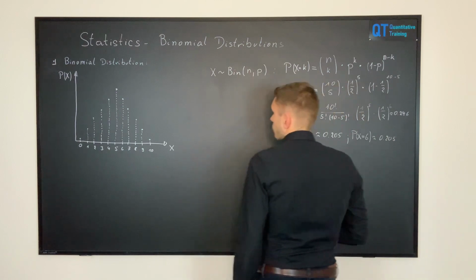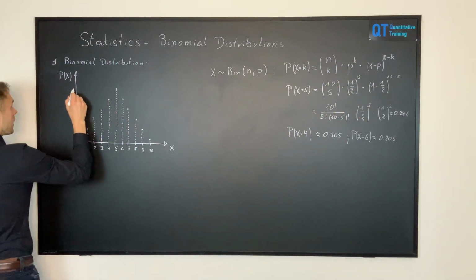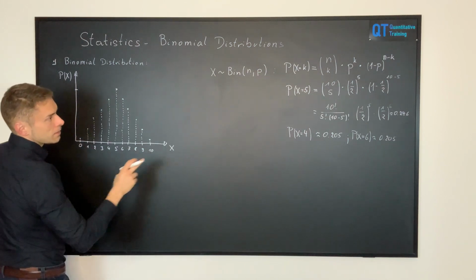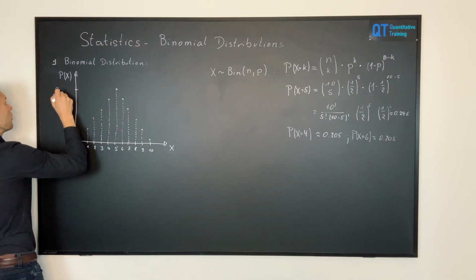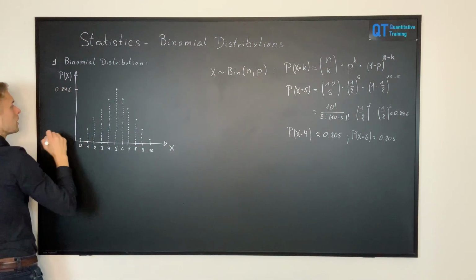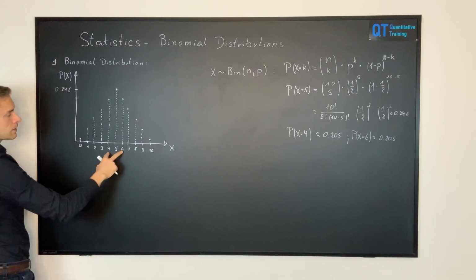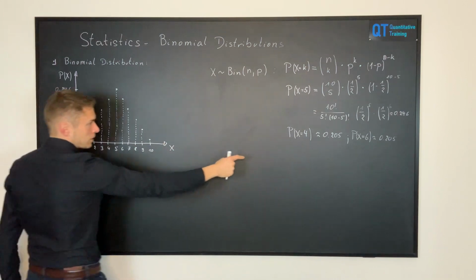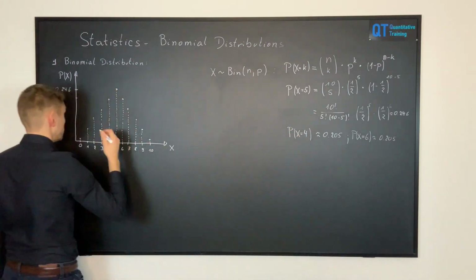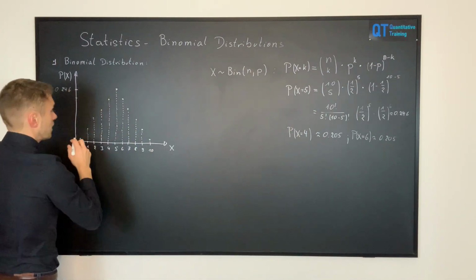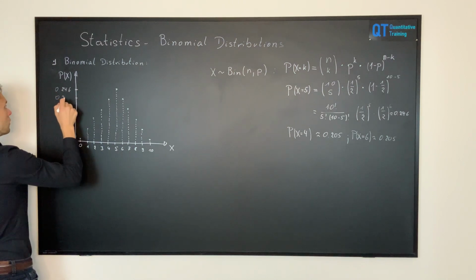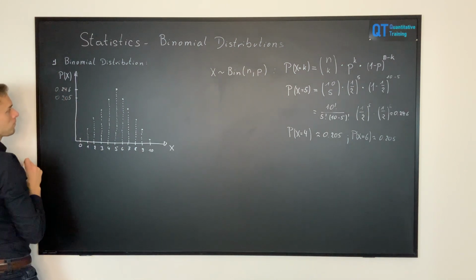So we can introduce this here at this level, the maximum value for the probability, we have 0.246. And then at this level here, for x equals 4 and x equals 6, which is easily computed if you do the math, you obtain 0.205.